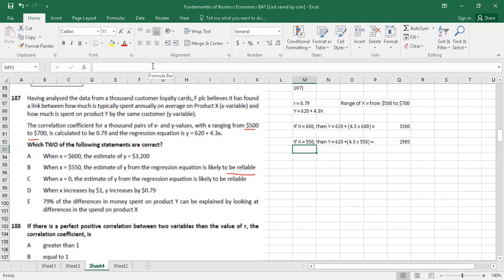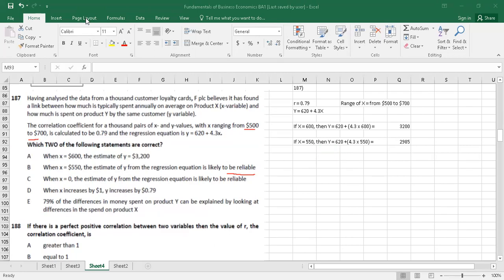This regression equation, y is equal to something x, is applicable for a range of values of x from 500 to 700. So on that note, C cannot be selected.